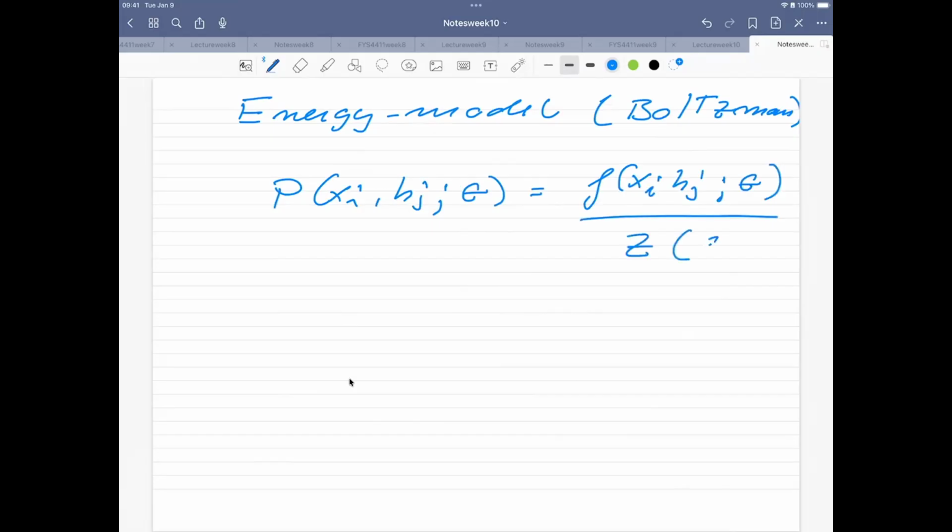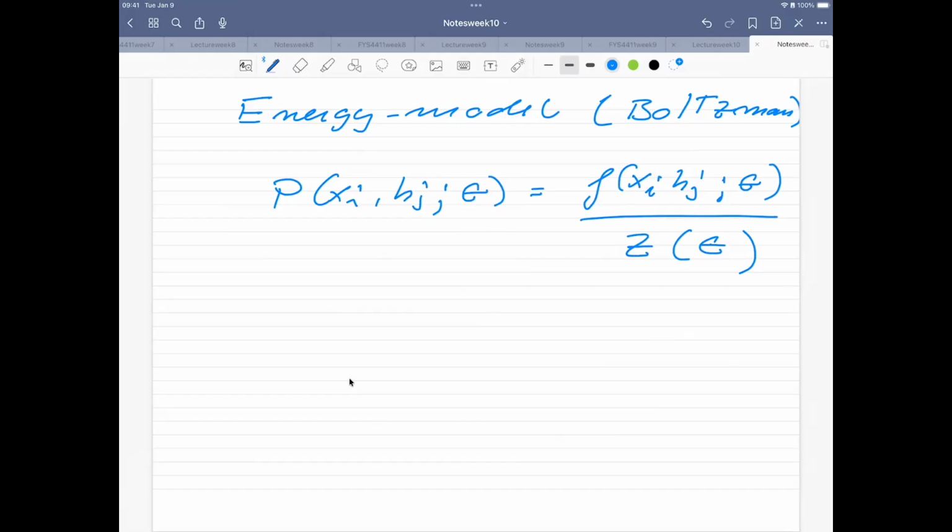Now I'm just borrowing a labeling from statistical mechanics. For those of you taking statistical mechanics, this has a special name. Does anyone remember that? It's called the partition function.